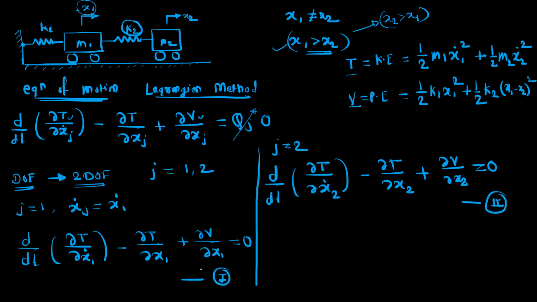Now for equation 1, we should find out each value. Consider these two equations and try to find these values. Del T upon del x1 dot is a partial differentiation. T is 1 by 2 m1 x1 dot square plus 1 by 2 m2 x2 dot square.